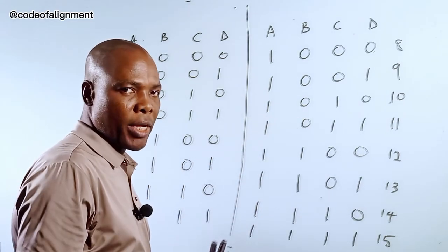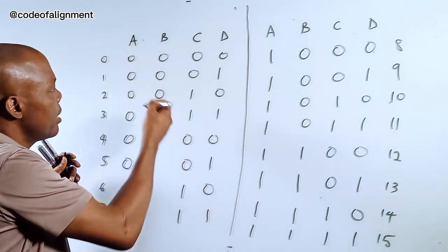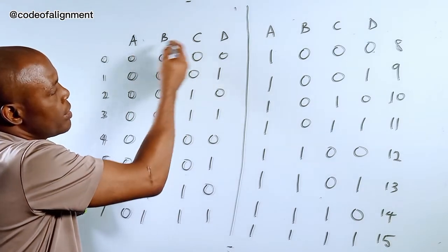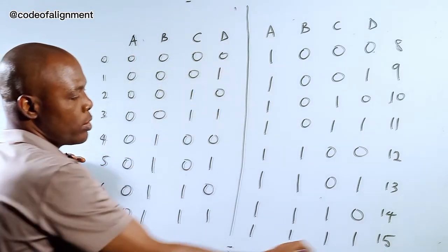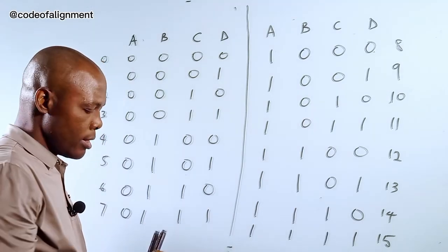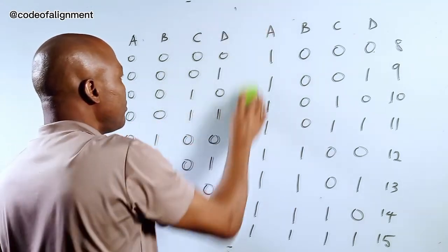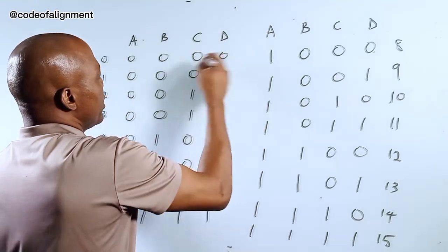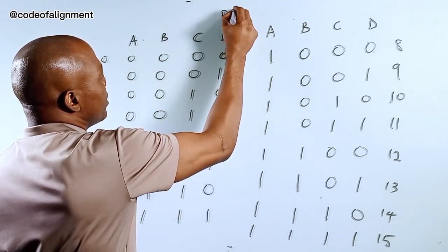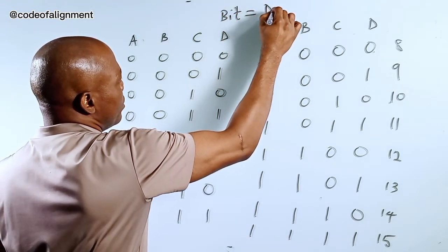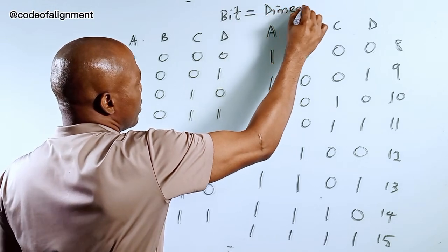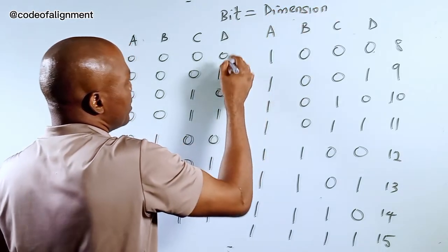Now that is how you get the pattern. So you can see that these 4 bits total combination is what? 16, meaning the bit equals to what? Dimension, right?